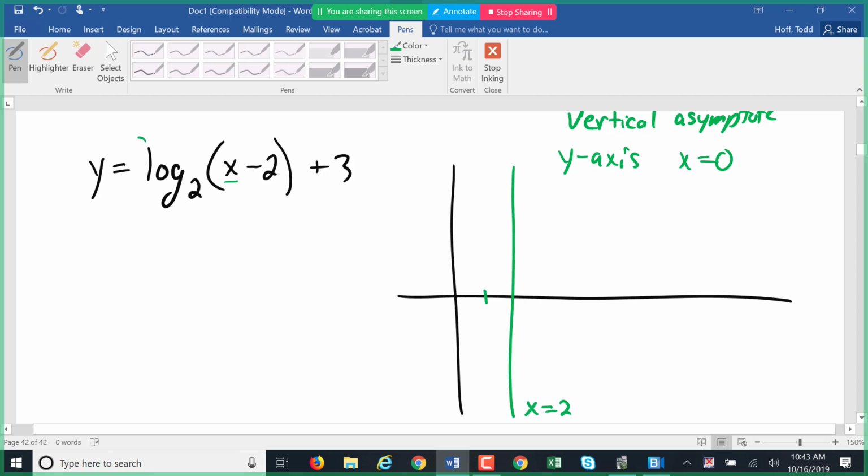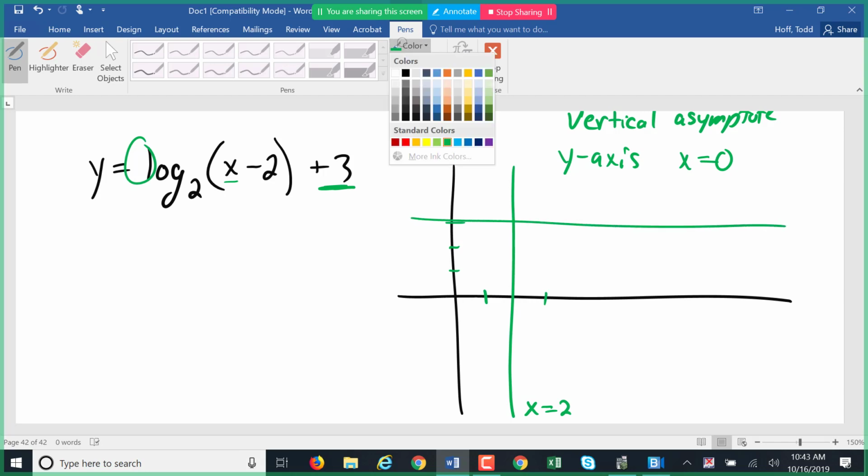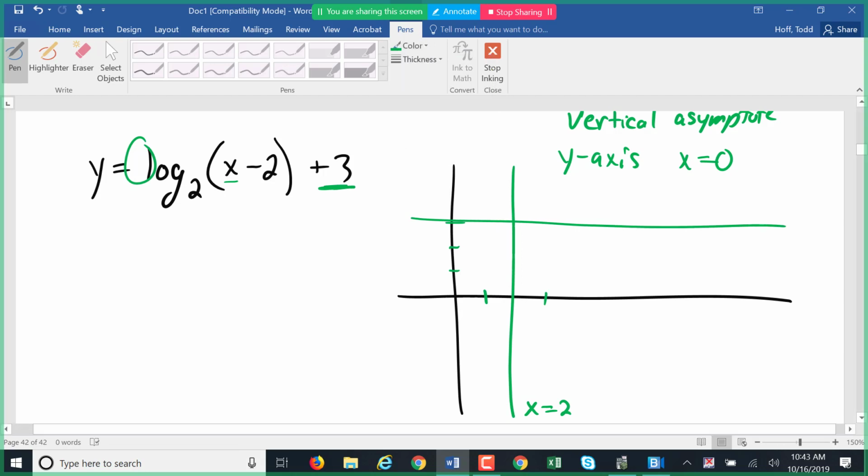I didn't multiply by anything up here, so we're still going to cross 1 unit away from that, but the axis that we cross is not going to be the x-axis anymore. This plus 3 means we've moved up 3 from that x-axis. So that's what we're going to be looking at. We're going to cross 1 unit away from our vertical asymptote. And since it's log base 2, we're going to have a curve that looks like that.